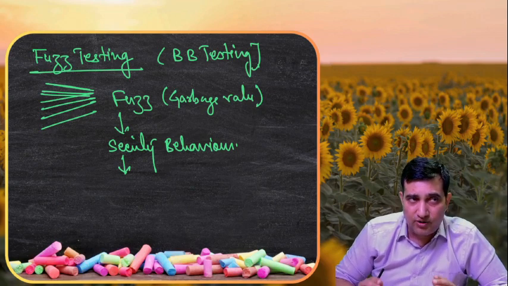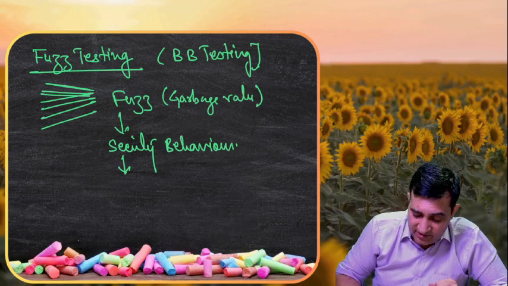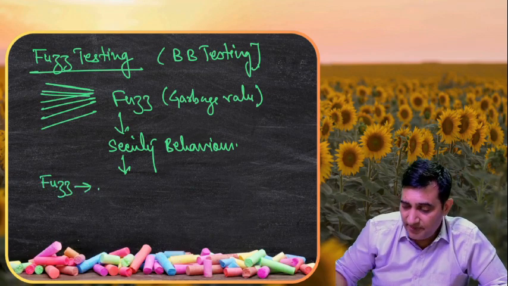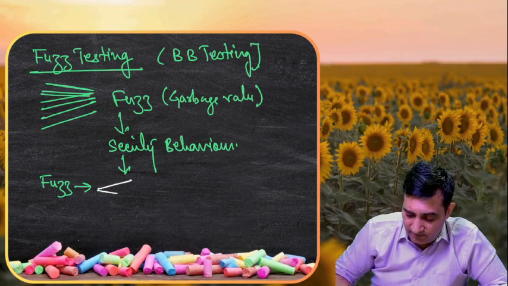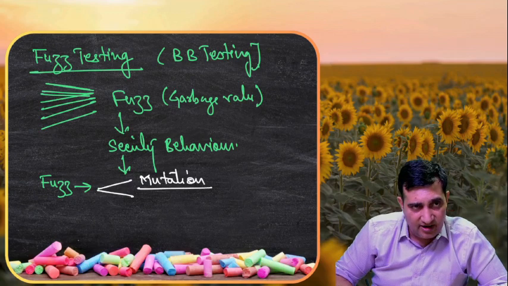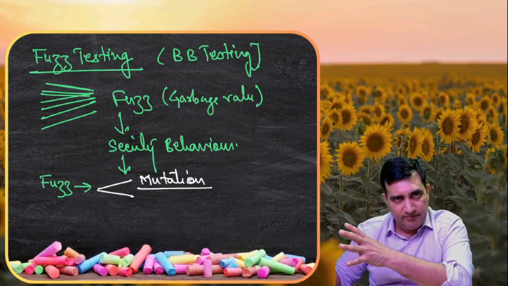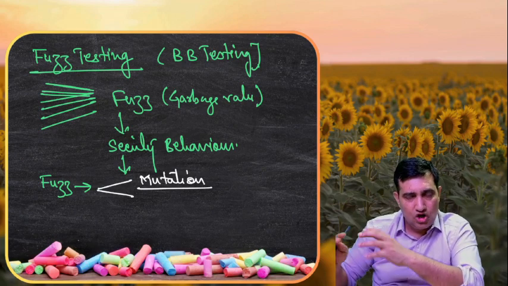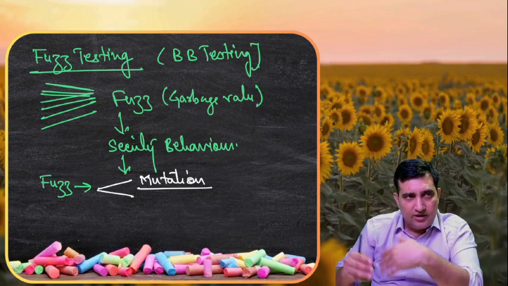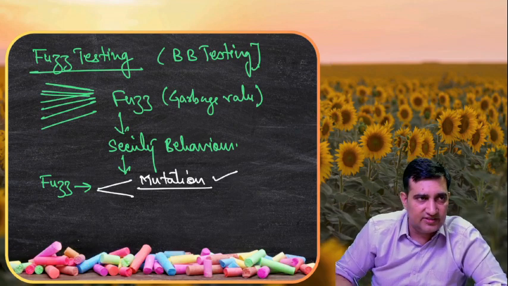But the way you are going to put in fuzz is also very, very important. Sometimes the fuzz which we are going to pass on for testing is called mutation fuzz. When you create some fuzz data from existing data, let's say from old data that was being used on the application, you refine it or change it, you make it fuzz and then pass it on to the application, it is called mutation fuzz.